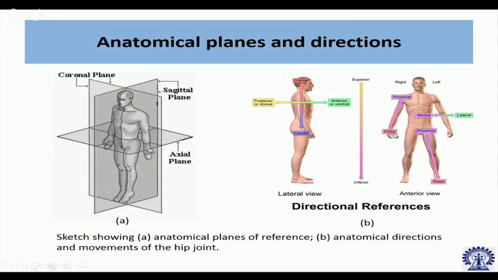If I look into this joint, maybe we can use the pen. You can see that the top part we will say proximal, and the lower part we will say distal, but this is with respect to a particular bone, remember.